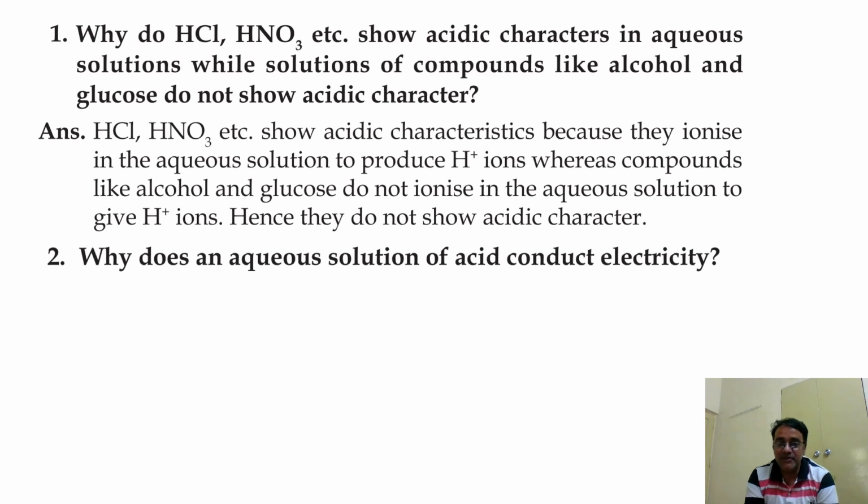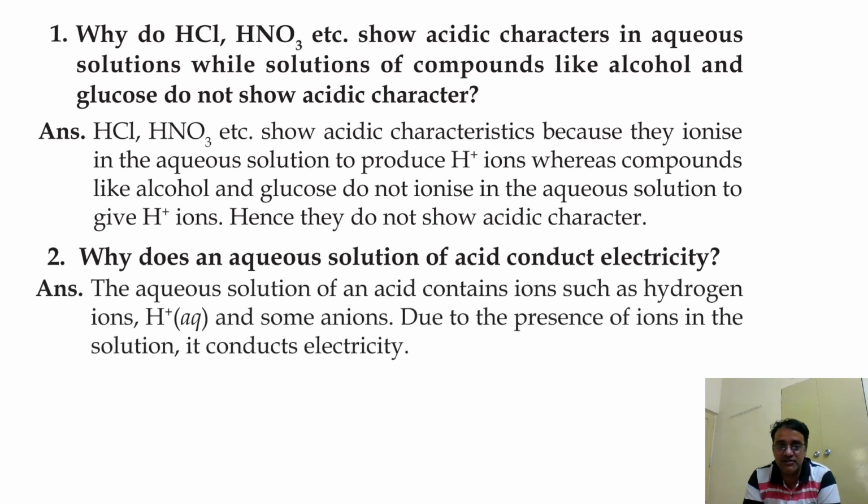So, second question: why does an aqueous solution of acid conduct electricity? So, the aqueous solution of an acid contains ions, that is H plus, okay, hydrogen ions H plus, and some anions also. Due to the presence of ions in the solution, it conducts electricity, right? So this is the answer.